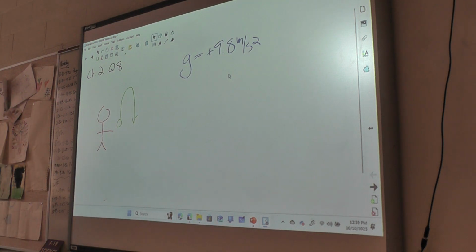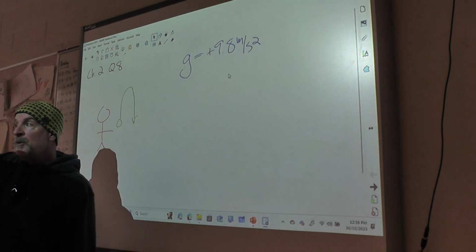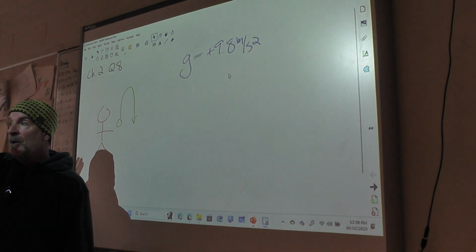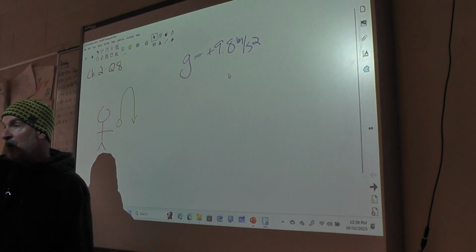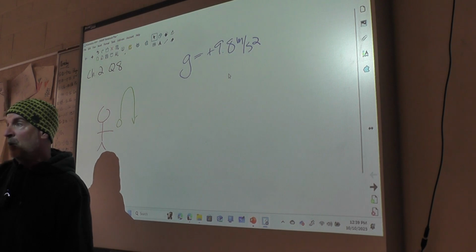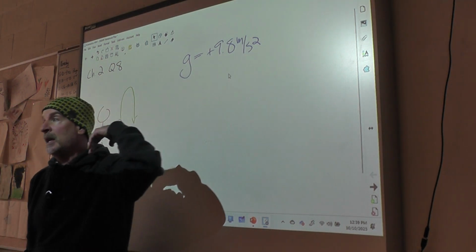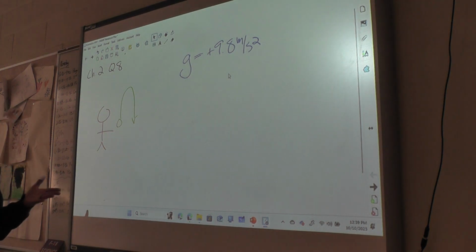G is a constant that is defined as the magnitude of an object's downward acceleration close to the Earth. So it's not negative, even though if you were to have a frame of reference in which down is negative, an object's acceleration will be negative when it's in free fall. G is always the number positive 9.8, meters per second squared.